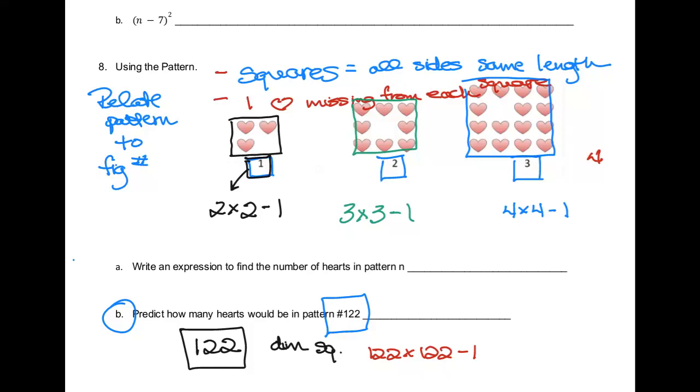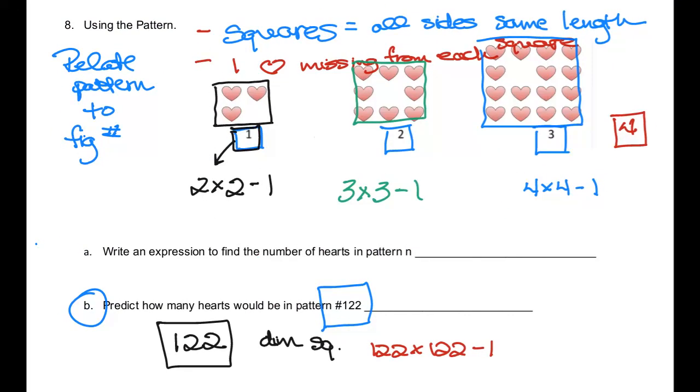If I have figure 4 right here, what would the dimensions of that square be for that figure? 5 by 5 minus 1. So how did you get from figure 4 to it being a 5 by 5? It is 1 more than the figure number, right?